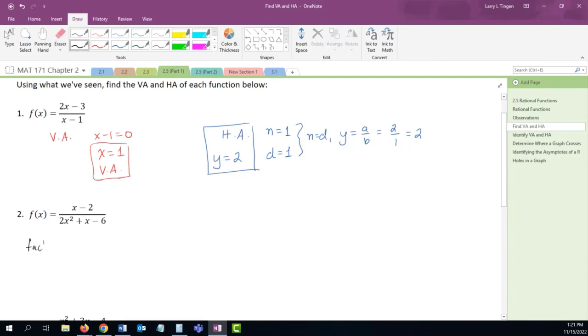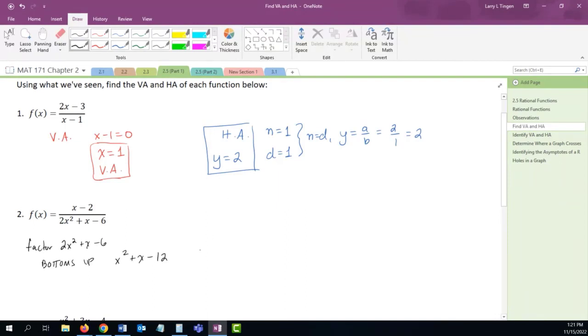So we're going to attempt to factor 2x squared plus x minus 6. So bottoms up says just pretend like this is x squared plus x minus 12. All right, so two numbers that multiply to negative 12 and add to 1.